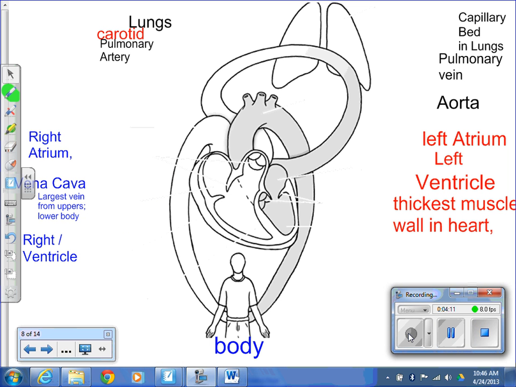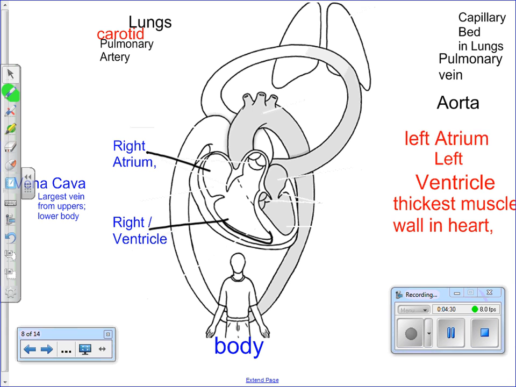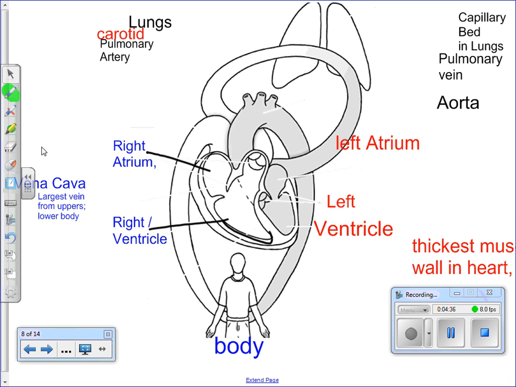Just like we did before, we can say this, and I know the lines are kind of strange on your thing. This is the right atrium. This is the right ventricle, and kind of V-shaped. Then left atrium, left ventricle, and those are here, left atrium, left ventricle.